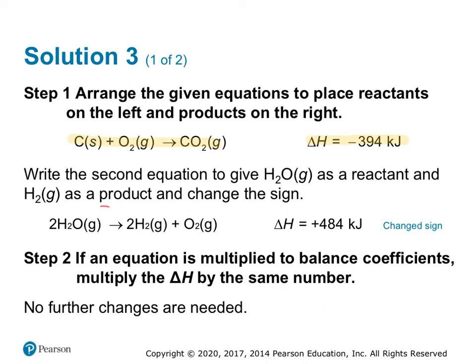So I'm going to flip reactants and products, and then I'm going to change the sign of my delta H. Now, step 2, if an equation is multiplied to balance coefficients, then I multiply the delta H. Well, I don't need to do that because my coefficients are matching. So that's all I need to do for that part.